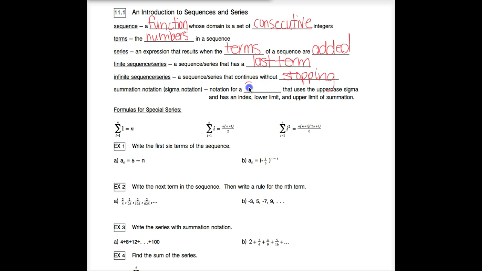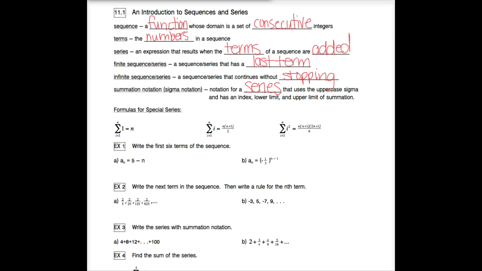But this is notation for a series, not a sequence, a series that uses the uppercase sigma, and it has what's called an index, a lower limit, and an upper limit of summation. And again, summation just means that we're adding them together, and that is part of the definition of a series. But it's only able to be written in summation notation when we have an index, a lower limit, and an upper limit.